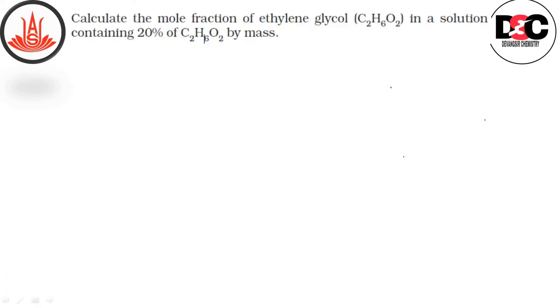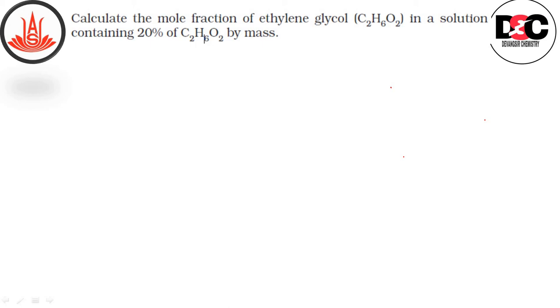Now regarding that, there is a question in your book, the same question we have taken. The question is, calculate the mole fraction of ethylene glycol in a solution containing 20% of C2H6O2 by mass, that is again ethylene glycol.